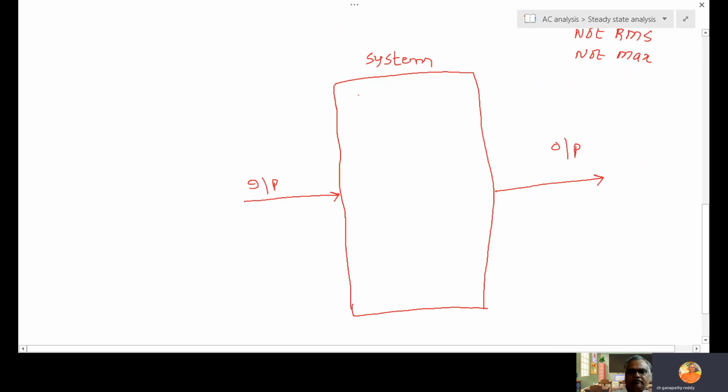How many ways can a system be described? It can be h of t, the impulse response, or a differential equation.